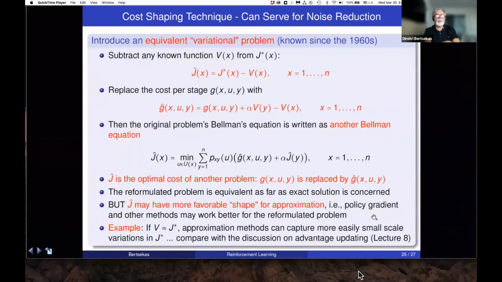And an awful lot of the methodology of policy gradient methods revolves around this type of techniques. Are there any questions about this slide?